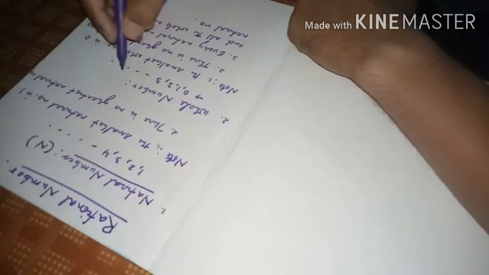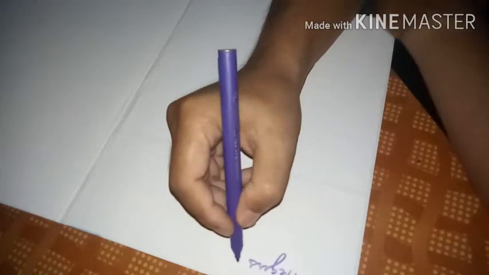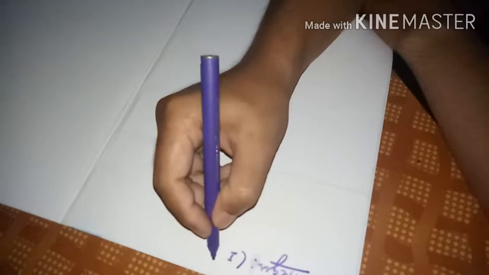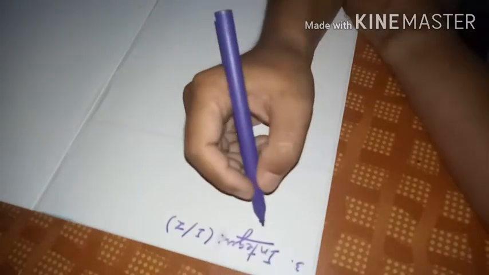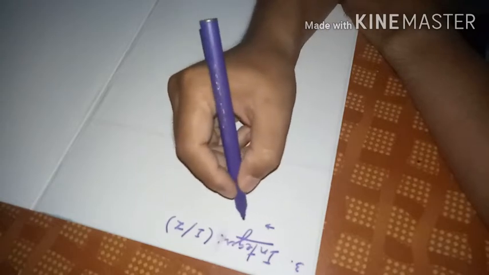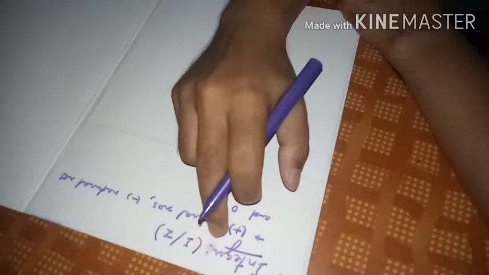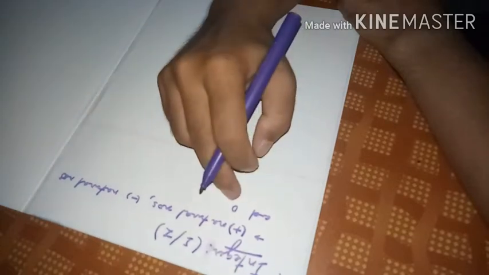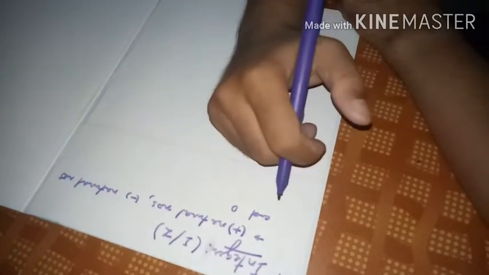I forgot to tell you, natural number is denoted by N and whole number is denoted by W. Now I am going to teach you integers. Integers are denoted by I, sometimes by Z. Integers are a number system which includes positive natural numbers, negative natural numbers and 0. Together we call them integers.